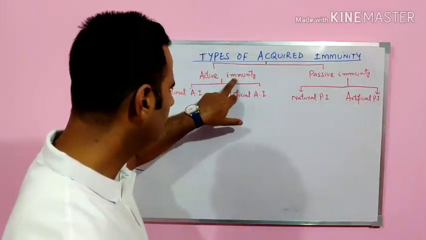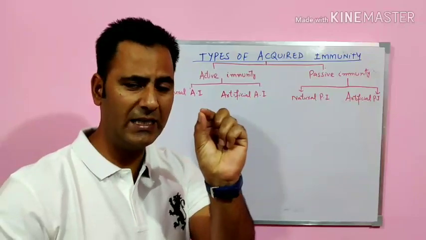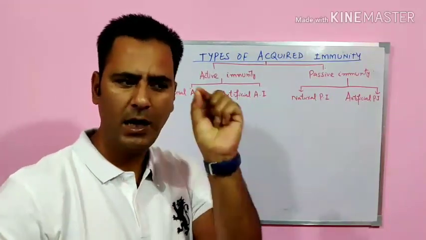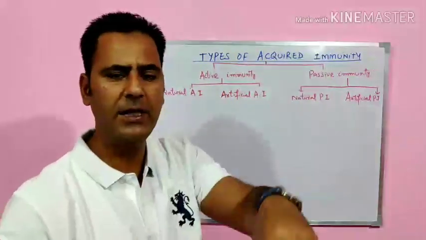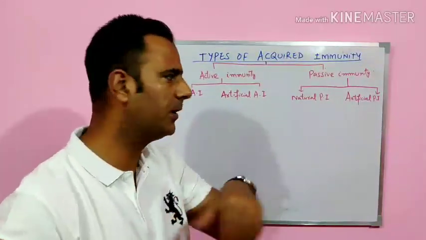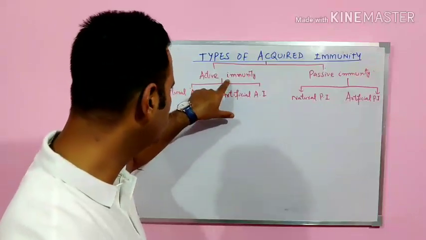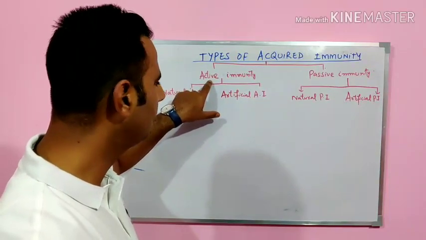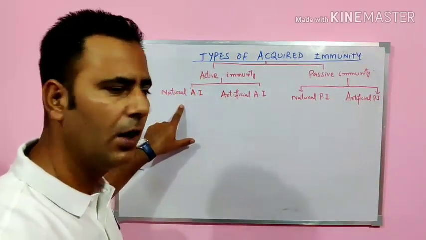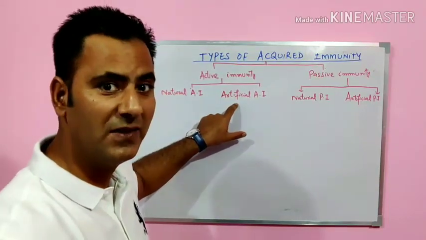How we are going to directly activate our immune system may be natural or artificial. We may activate our immune system in a natural way or in an artificial way.